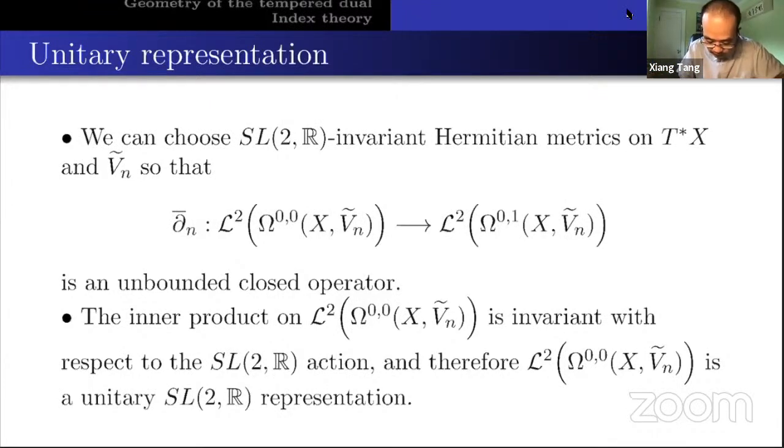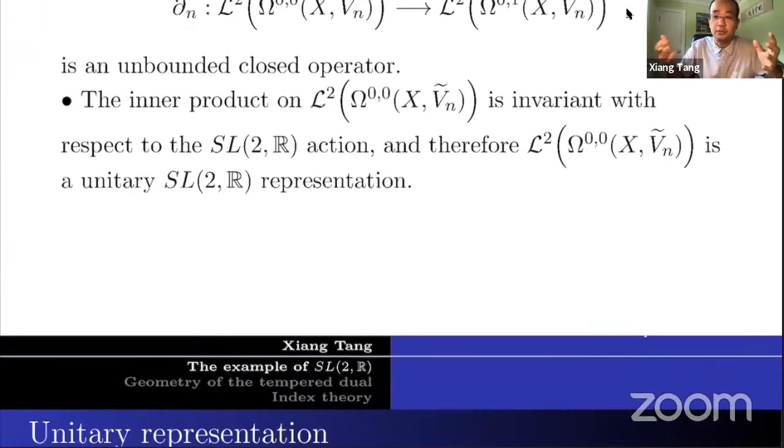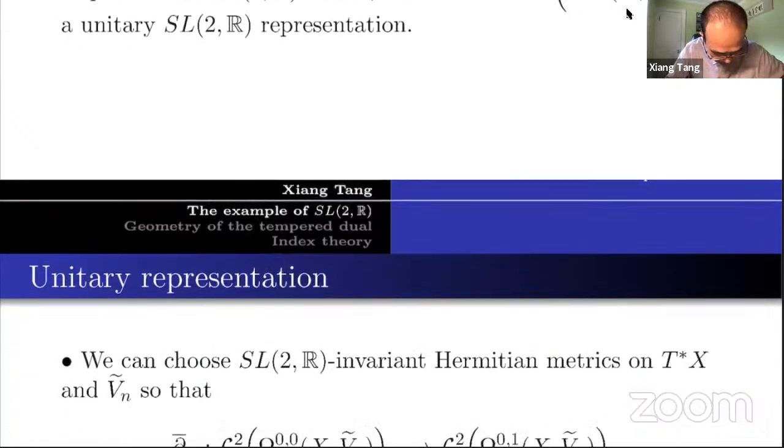With all these invariant properties, we can now say that this L2 space is a unitary SL2 representation. We know SL2 could have non-unitary representations, for example all its non-trivial finite dimensional representations. There are many of them, and they are not unitary. But here our representation is unitary. So that's what we have from our study of geometry.